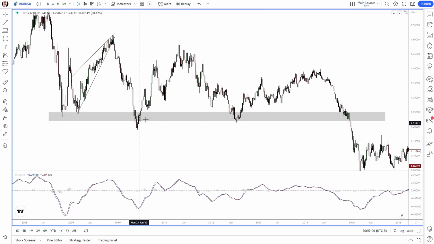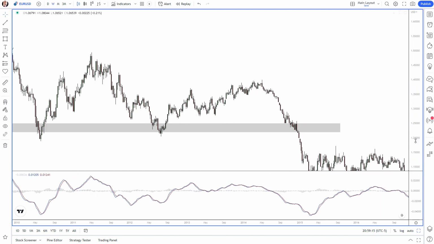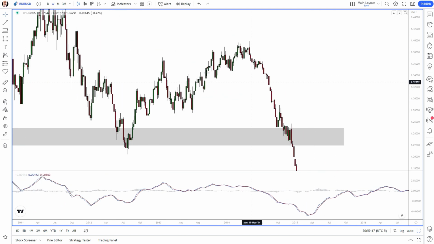This support here, strong support for many years. I think over the course of almost 10 years. But this was another example of the combination between the MACD and chart pattern. Okay, here and here.